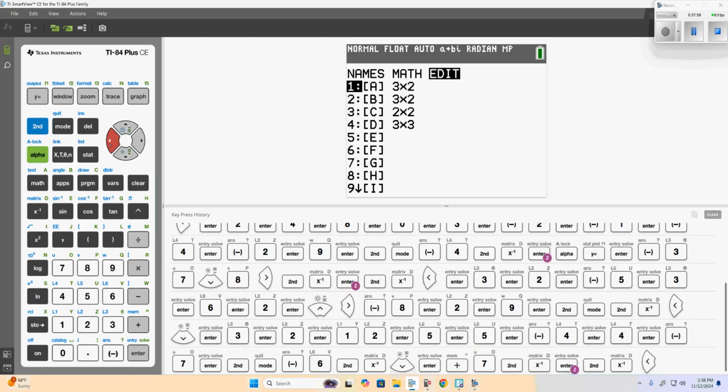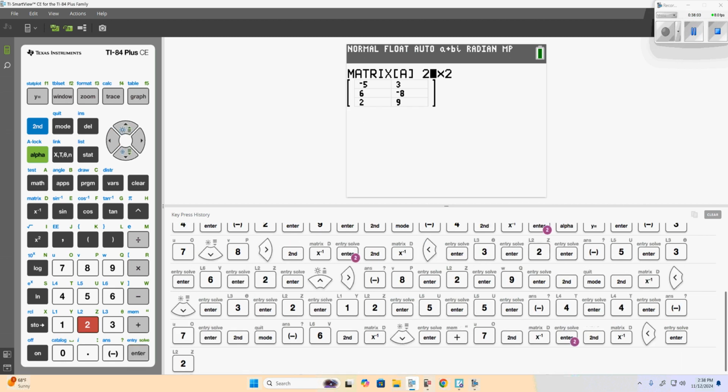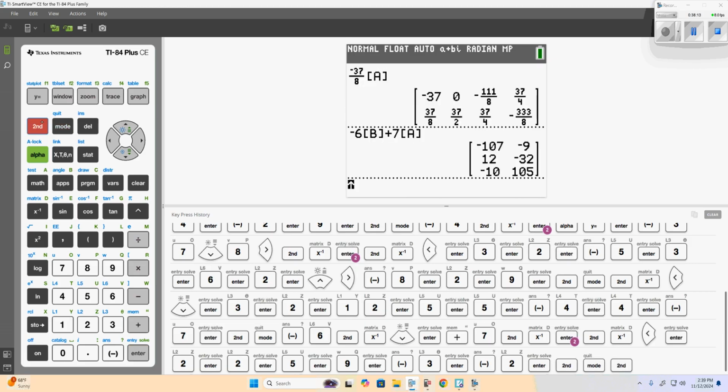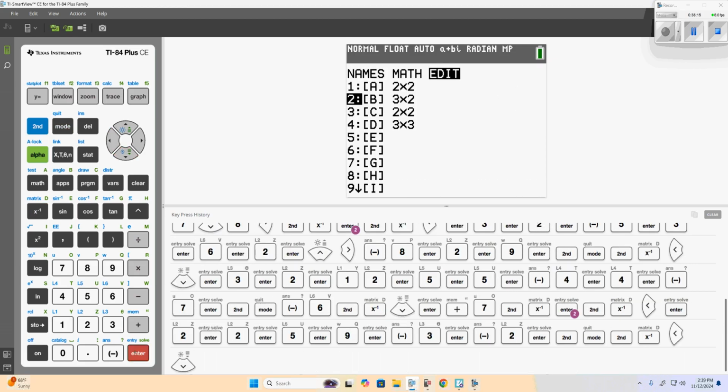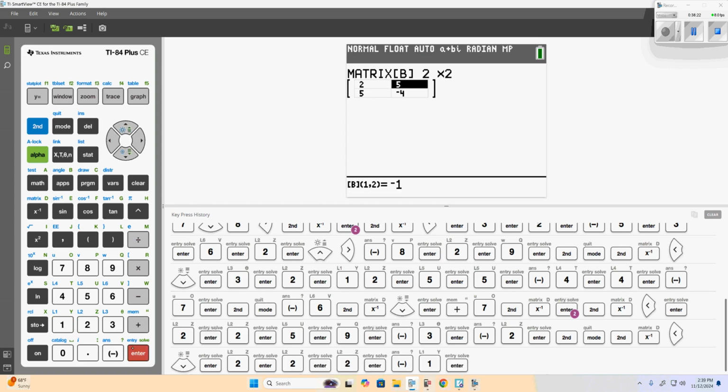Well, you might have guessed that the first thing we've got to do is actually type it in. The first one is a 2 by 2, so 5, 9, negative 3, negative 2. Second quit, second matrix. Edit. 2 by 2, 2, negative 1, 6, negative 5.